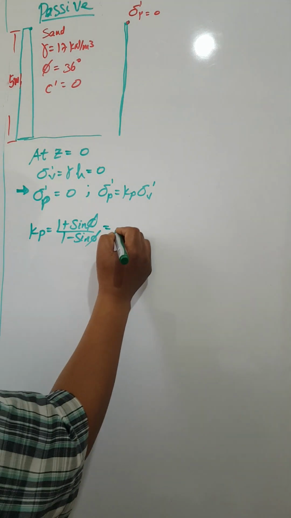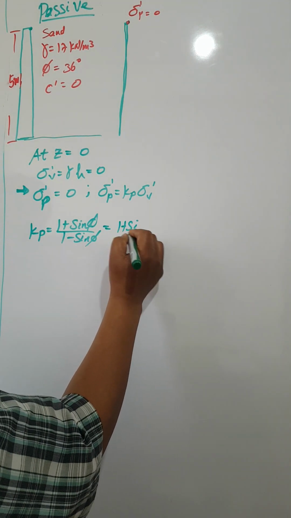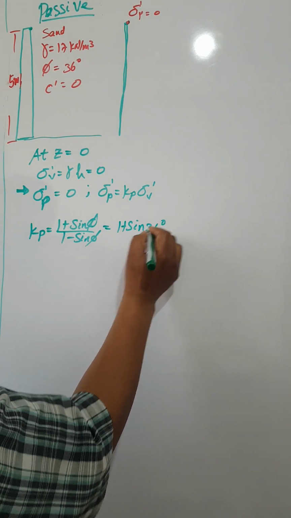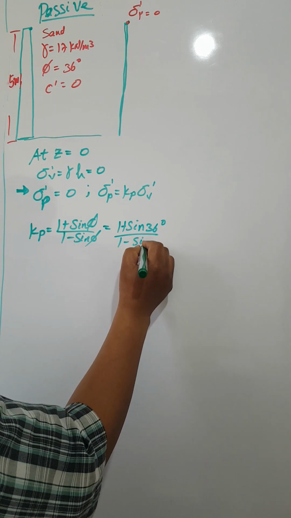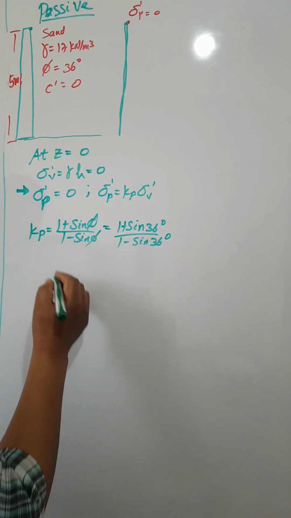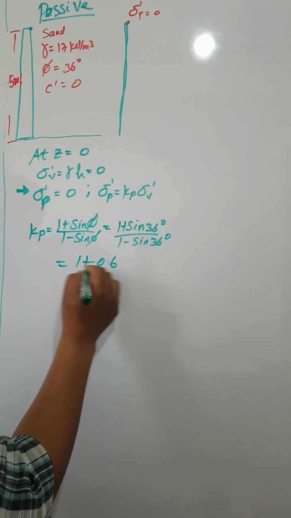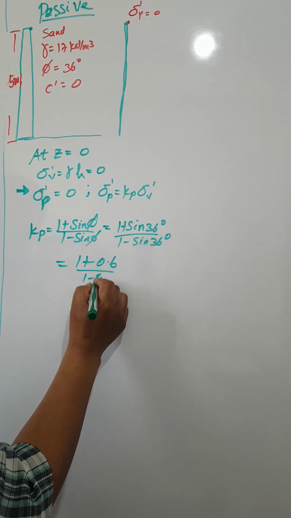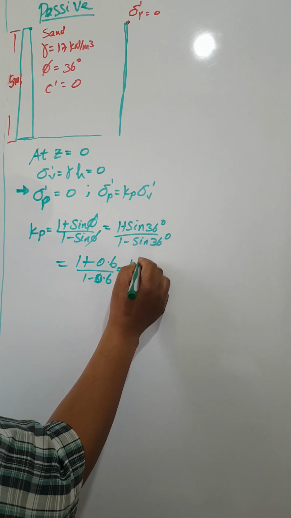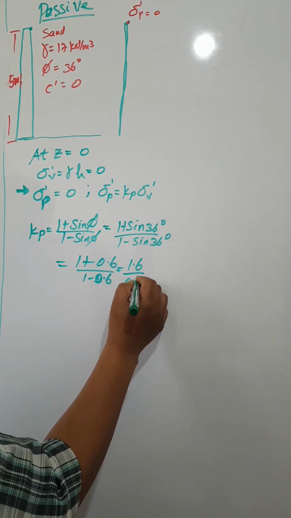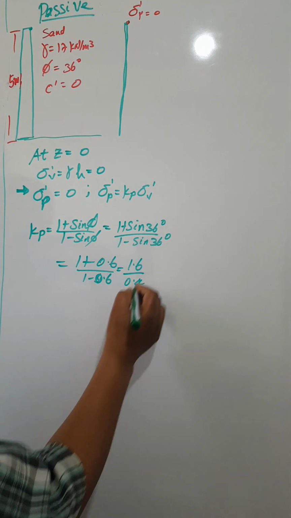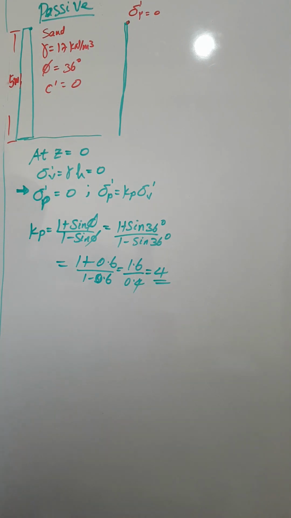So this is equal to 1 plus sin of 36 degrees divided by 1 minus sin of 36 degrees. This is equal to 1 plus 0.6 divided by 1 minus 0.6. This is equal to 1.6 divided by 0.4, meaning 16 divided by 4. This is simply 4.